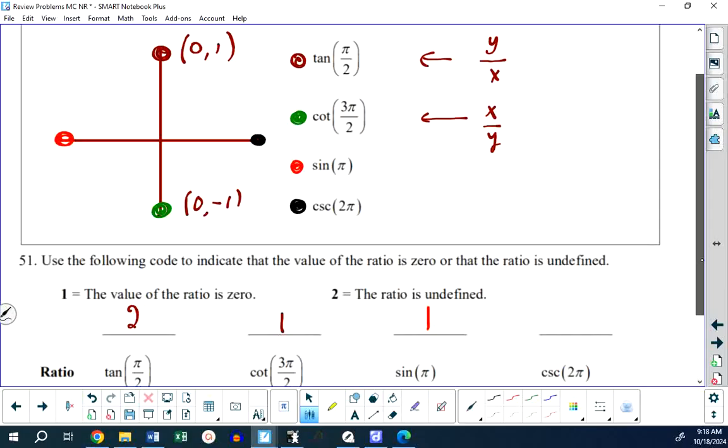Cosecant on the unit circle is the reciprocal of y. I could go r over y and just use any r I want. But it's 1 over y. Y is 0 at this point. The reciprocal of 0 is undefined. So the answer is, 2112.